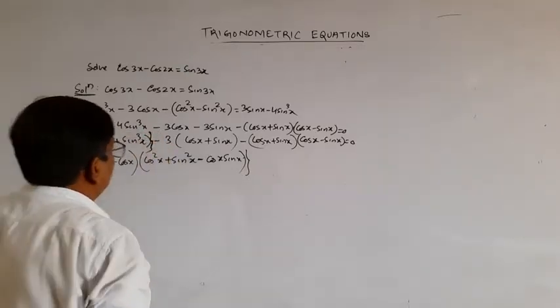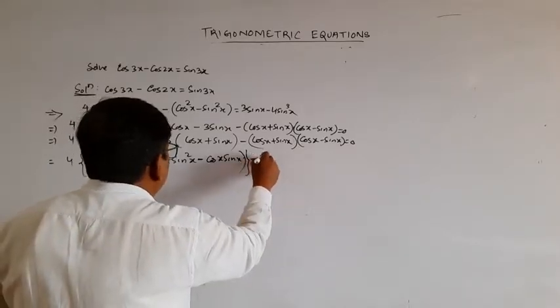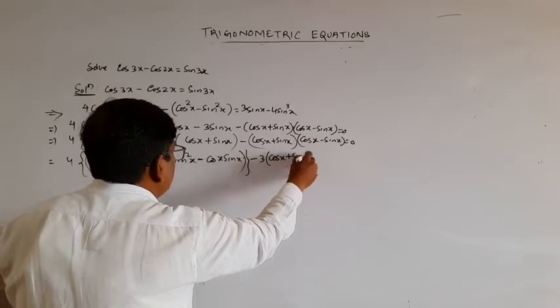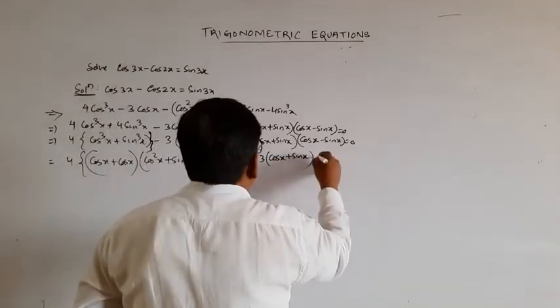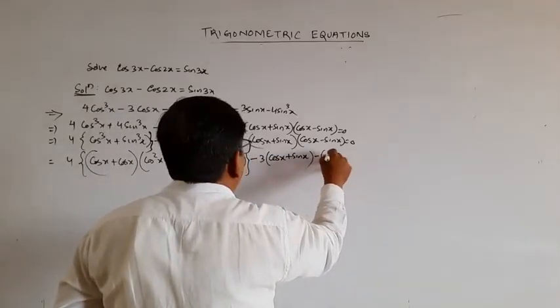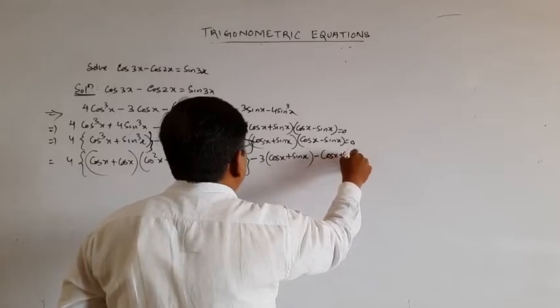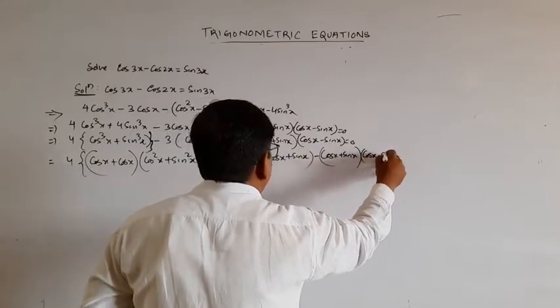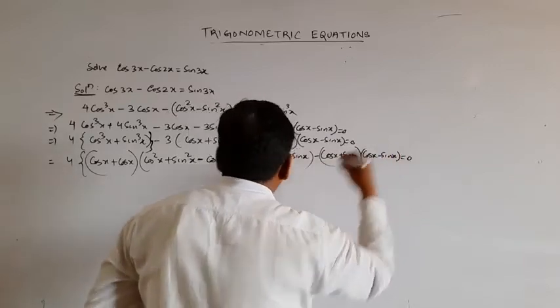Bracket close here. So minus 3 of cos x plus sin x and minus of cos x plus sin x into cos x minus sin x is equal to 0.